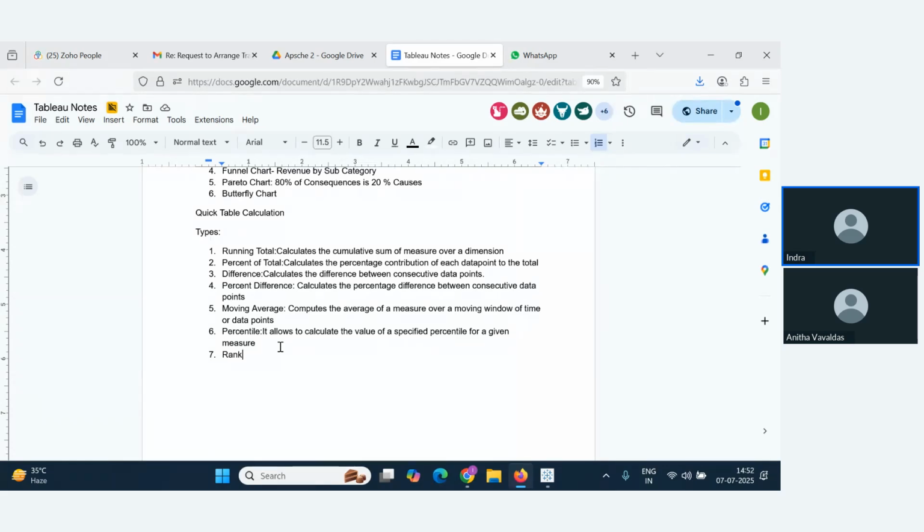I'll write down here what it does. So rank function, it ranks each data point within its partition based on the measure value.